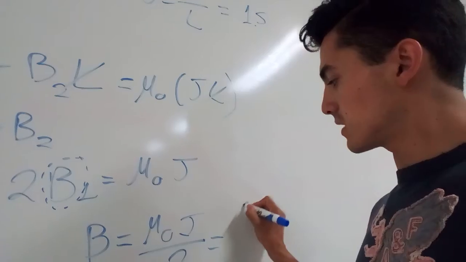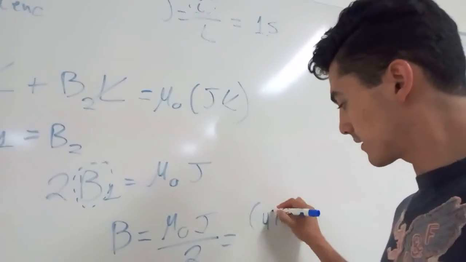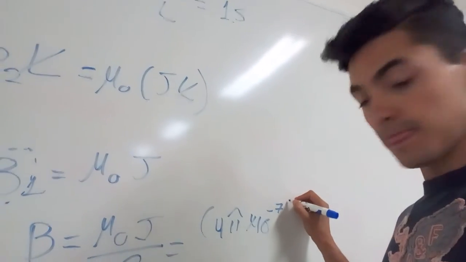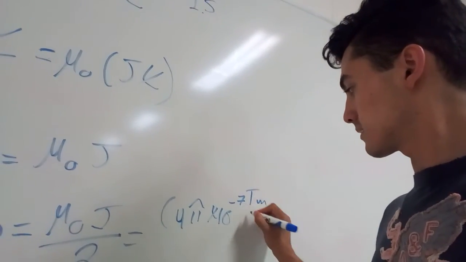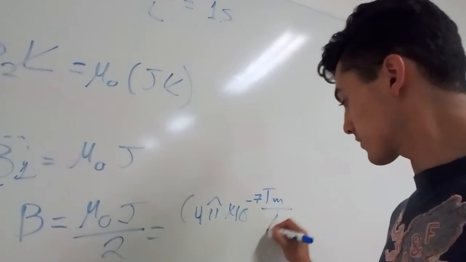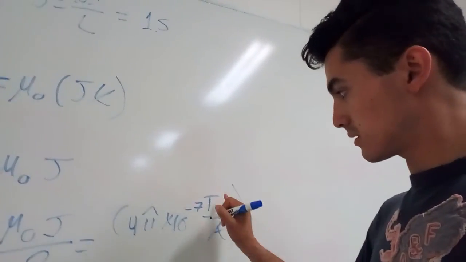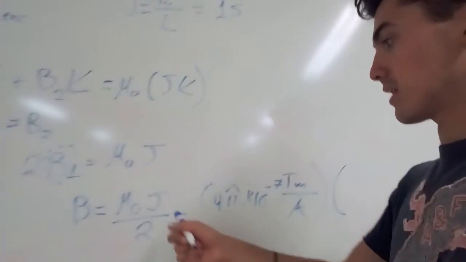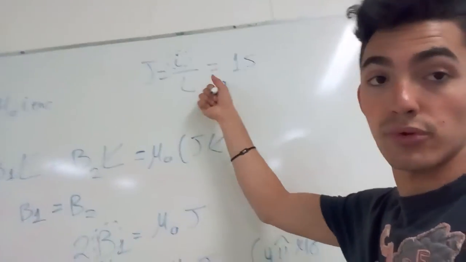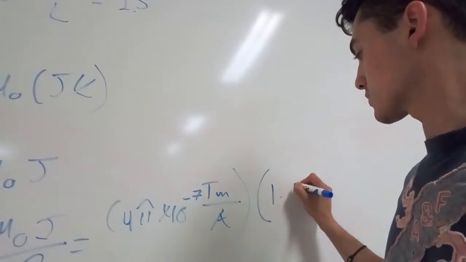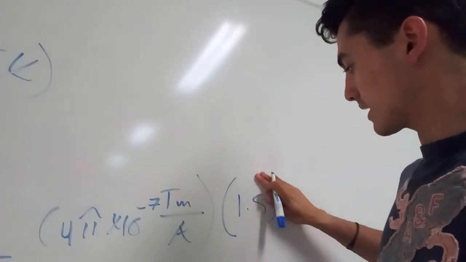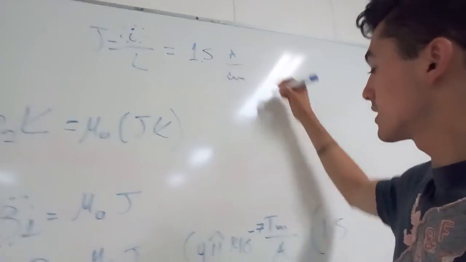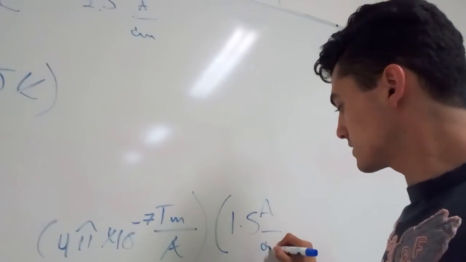We know that mu naught is equal to 4 pi times 10 to the minus 7 Tesla meter over ampere, and here the current density is 1.5, so we know it's times 1.5. But here we have that this will be in amperes over centimeter.